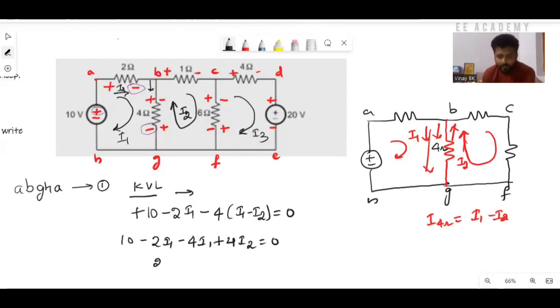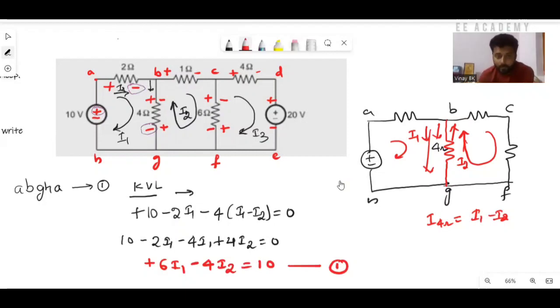Minus 2 minus 4 is nothing but minus 6I1, and sending that to the right side it becomes plus 6I1 minus 4I2 equals to 10. This is equation number 1. I hope you are understanding.